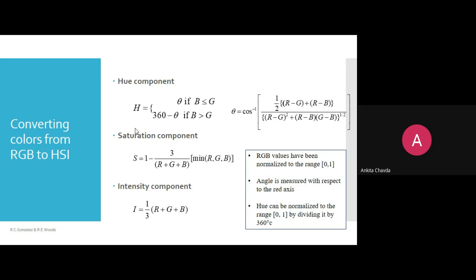Okay, this is the formula for theta. So your H is directly theta. But if B is greater than G, then you need to consider 360 minus theta. Again, you normalize it.